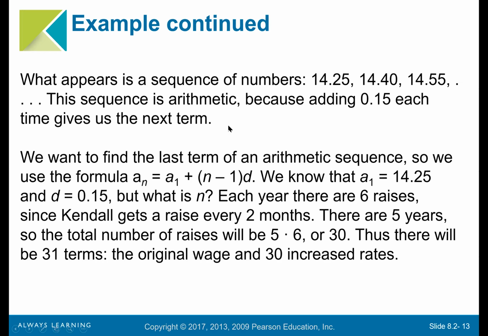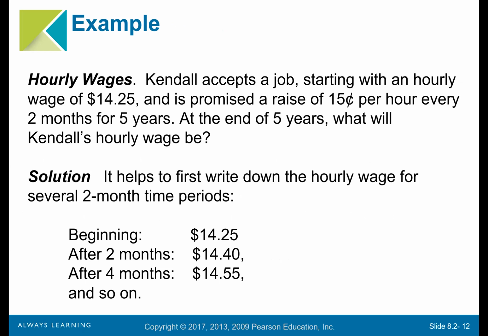Now, we're trying to find how much at the end of 5 years. Well, n would have to be the total number of raises, right? So how many times would he get a raise from now to the end of 5 years? Every 2 months.